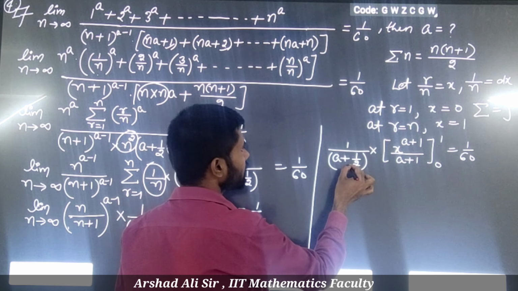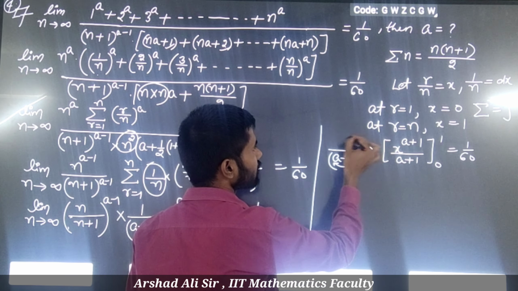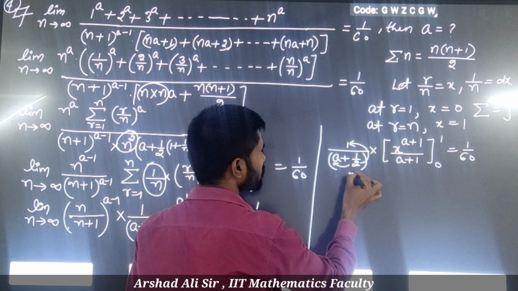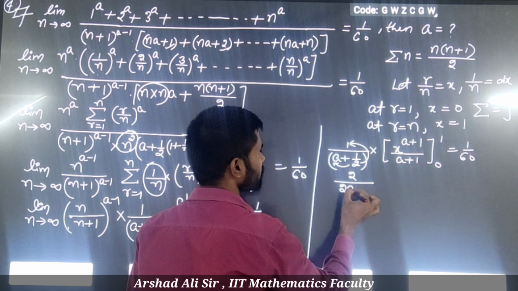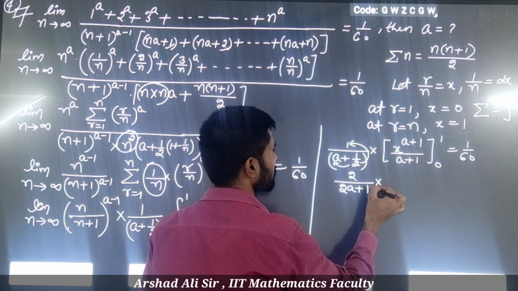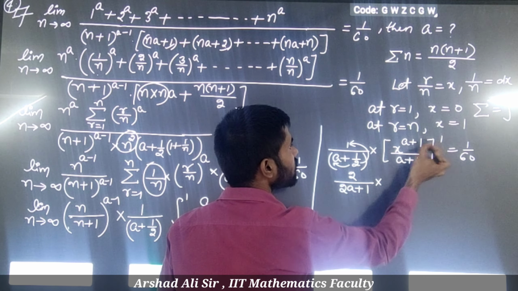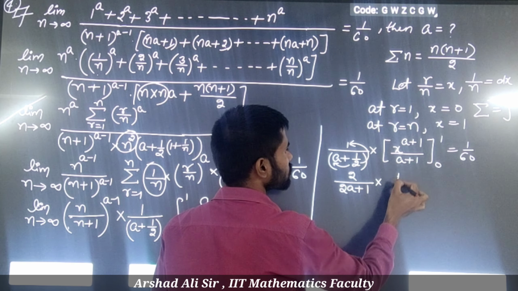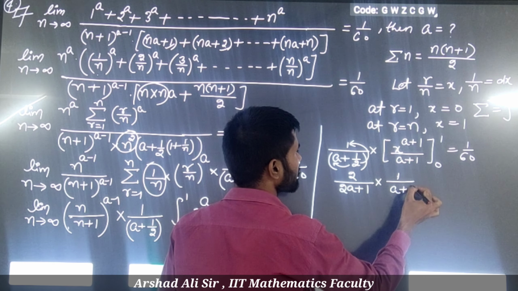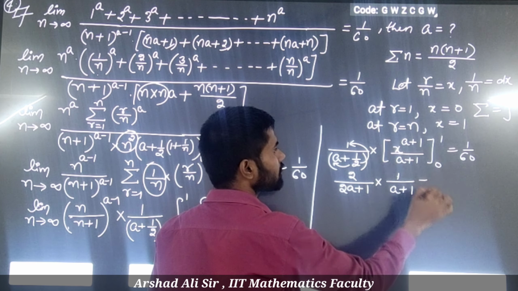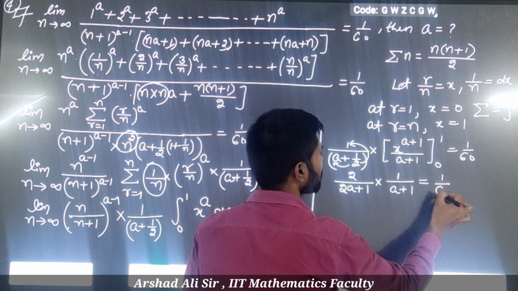Now it will be 2a plus 1, and here it will be 2, so 2 by 2a plus 1, and here 1 to the power a plus 1, so 1 by a plus 1 minus the lower limit, which will be 0, is equal to 1 by 60.